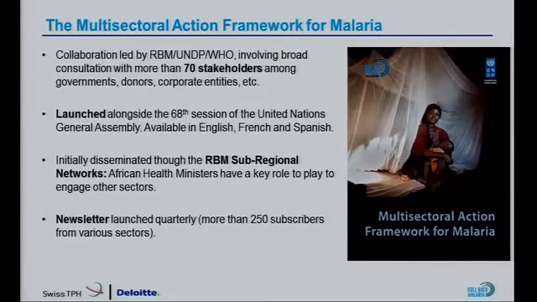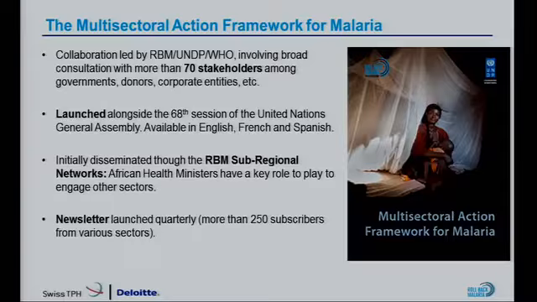It was initially disseminated through RBM sub-regional networks, and of note, African health ministers have a key role to play to engage sectors outside the health sector. They started to play that role, and they will have to play an even bigger role in the future to make sure the framework is implemented.